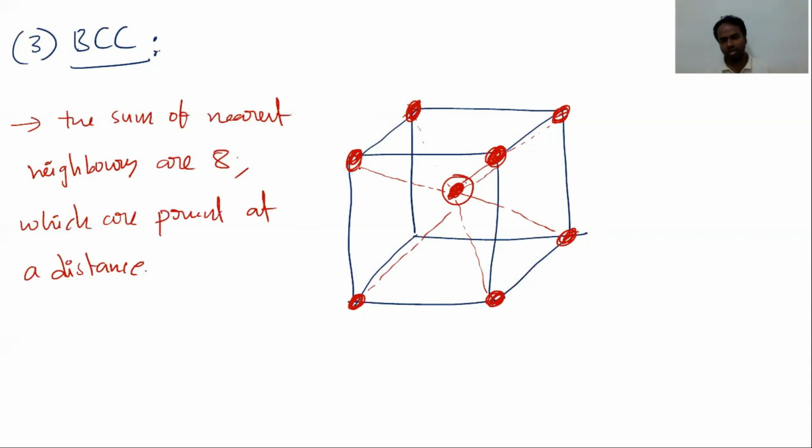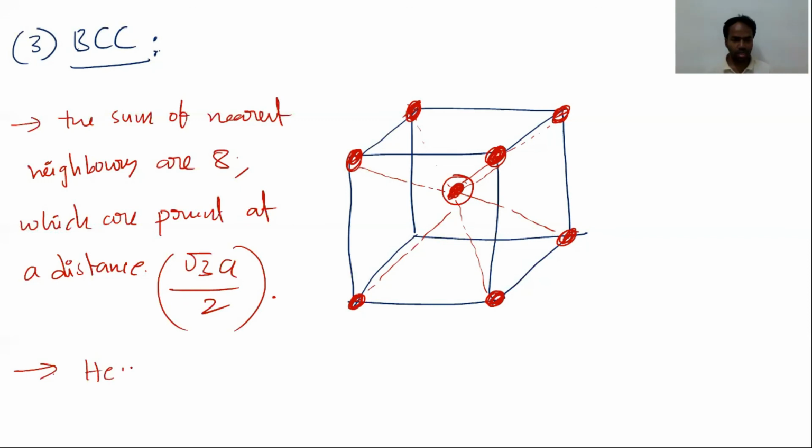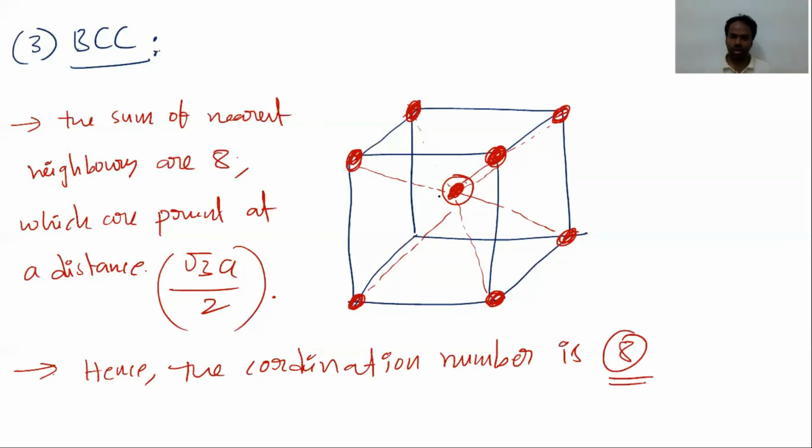The length of the body diagonal is root 3a. Exactly take half of the length of the body diagonal, that is root 3a by 2. So this is the distance. Hence the coordination number is 8.